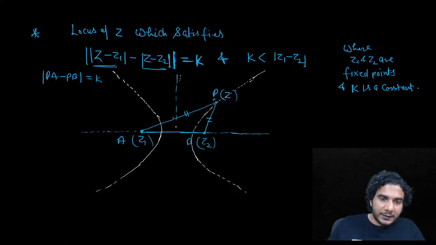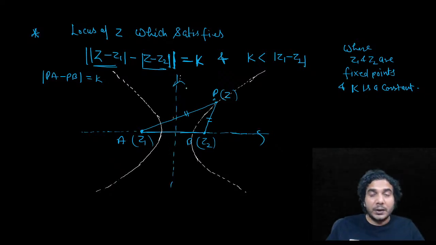This is another axis of the hyperbola. This is called the transverse axis, and this is called the conjugate axis.